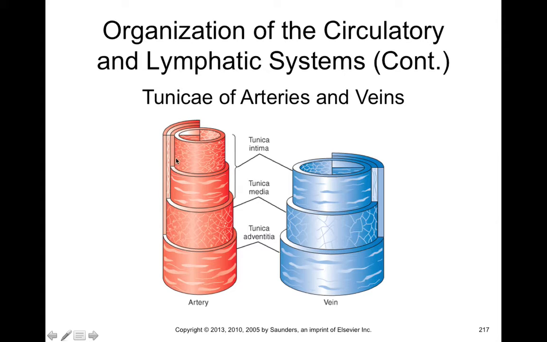So between the tunica intima and media, or media versus externa or adventitia, you find internal and external elastic laminas, which give arteries more elastic character or stretchability. So just in general, you want to see here that the tunica intima is what lines the innermost part of the vessel, tunica media is in the middle, and tunica adventitia is the outermost layer of a blood vessel wall.